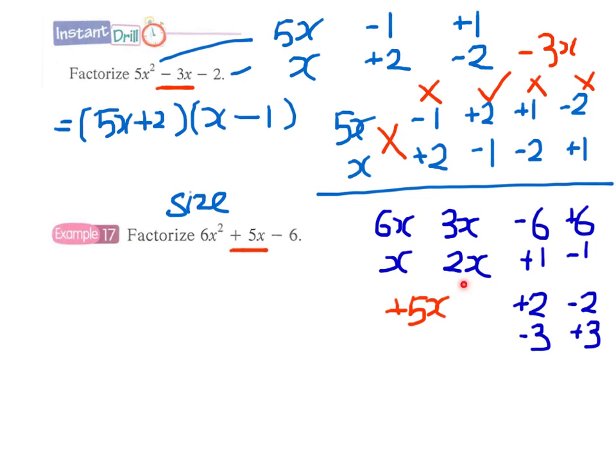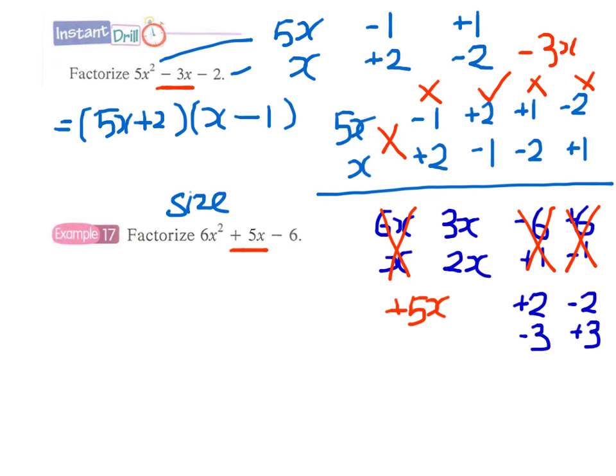And therefore, it is much more likely if we choose 3x times 2x, or plus 2 minus 3, or minus 2 plus 3. These factors are much more likely to give plus 5x if we cross multiply them together. And so, we can simply cross out these not likely to be our answer.